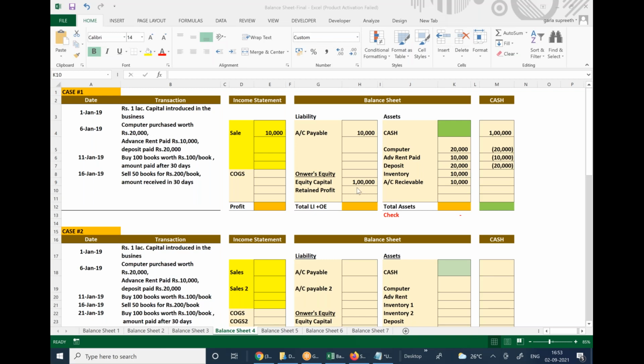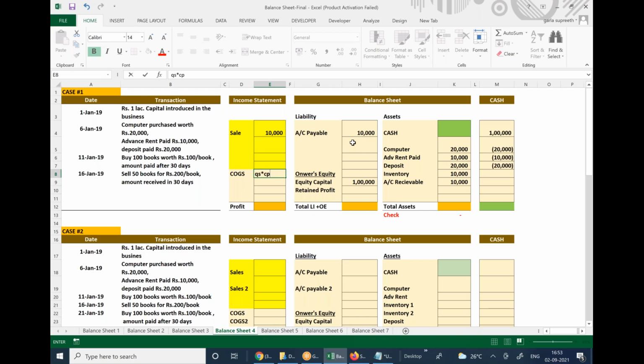Great. After this, what happens to my COGS? How do I calculate COGS? Exactly. COGS formula is quantity sold into cost price.